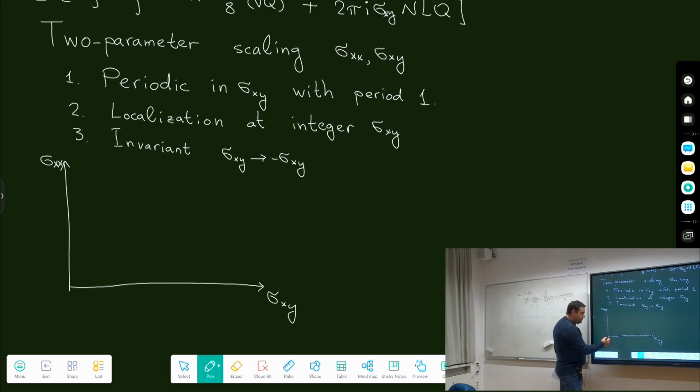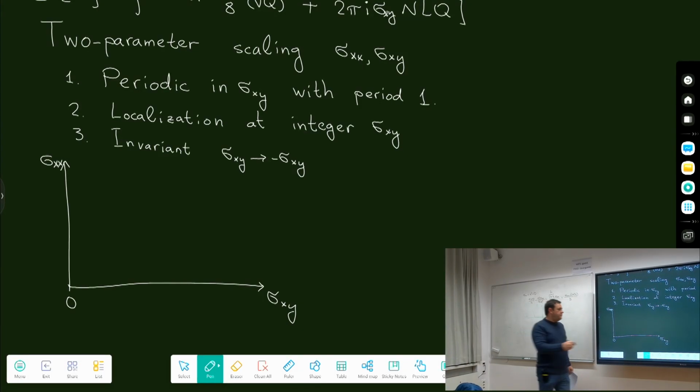For example, if sigma xy equals 0, if we are on this line, where only sigma xx is present, the flow is downwards. The flow goes downwards all the way to 0. And this is exactly the case we studied before. When there was no magnetic field, there is localization, there are weak localization corrections, so we start with large sigma, there are negative corrections, it flows, and eventually we end up in the insulating state, which has 0 conductivity.